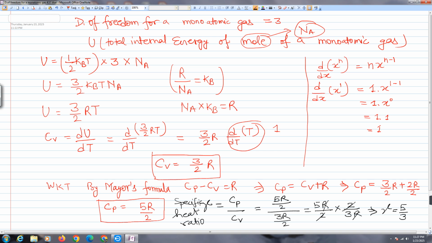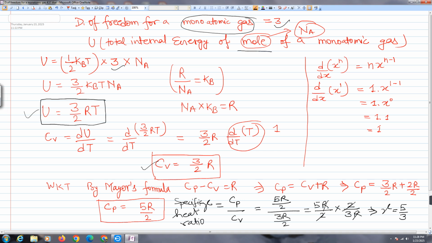So these are the values for a monoatomic gas. You can understand this. We are taking degree of freedom 3. So here we are finding the total internal energy of 1 mole of a monoatomic gas when we are taking its degree of freedom 3, correct? So in this way we are finding the value of 4 things.